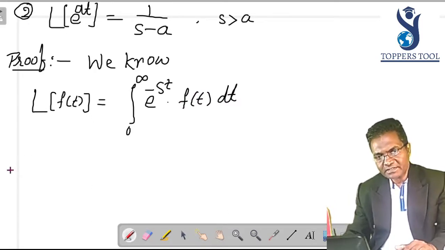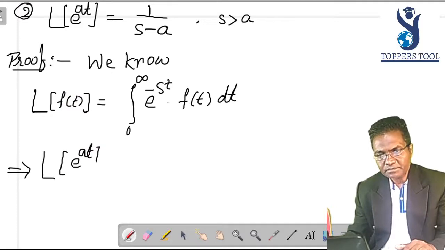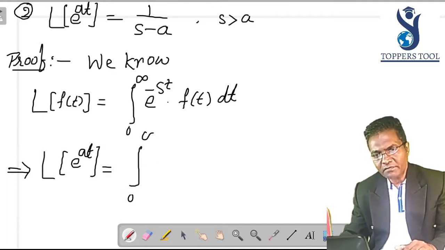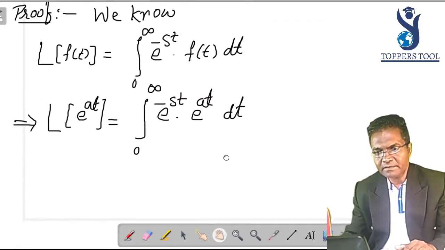So you want L of e power at, so I replace f of t as e power at. It is 0 to infinity e power minus st, f of t I have to replace with e power at, and this dt as it is, very simple.